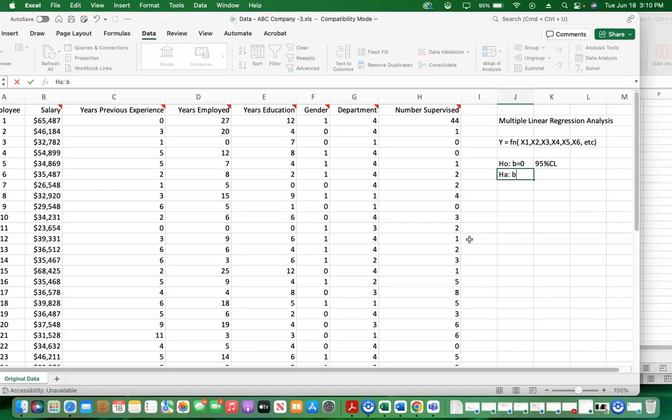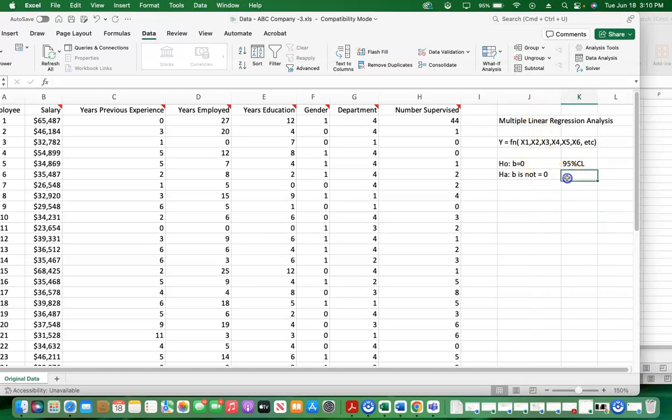And the alternative hypothesis will be that b, or the slope of any of these, will not be equal to 0, will be significantly different from 0, and that can be proven by the p-value, which is less than or equal to 5%, and this is the significance level.